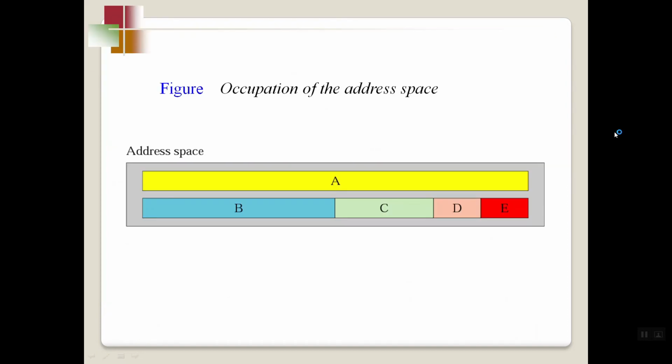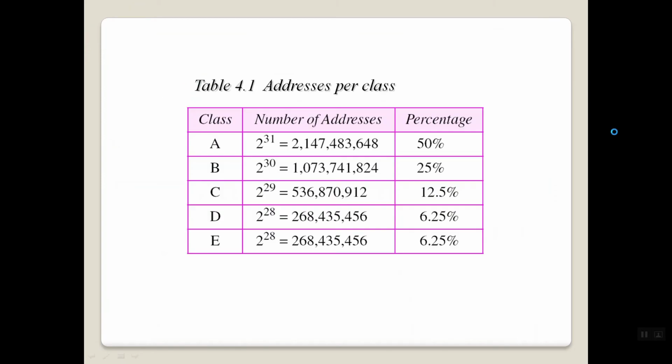Now in the next slide we can see the address spaces occupied by classful addressing. In the address space we can see A has taken 50% of the space, B less than that, C much less than that, and D and E almost similar, combining to a space equivalent to C. Now, mathematically, we can see how many addresses each class has.